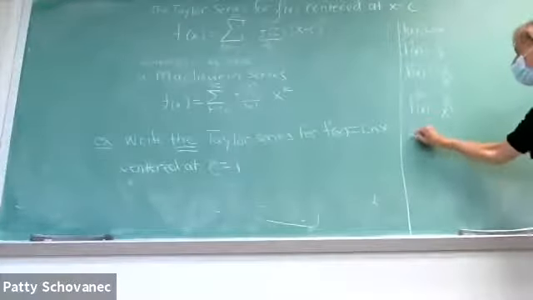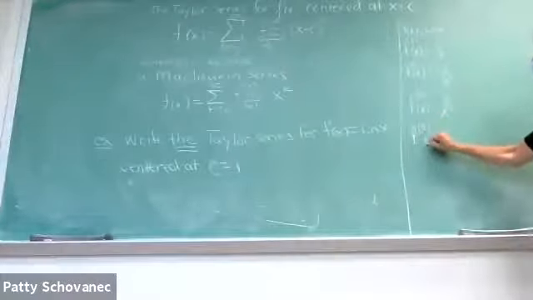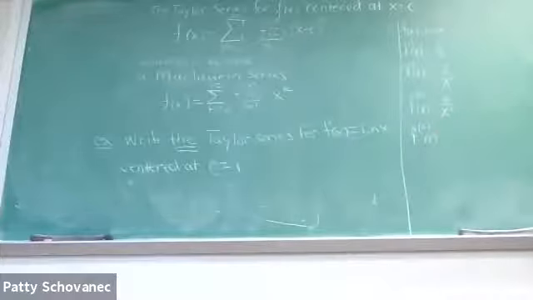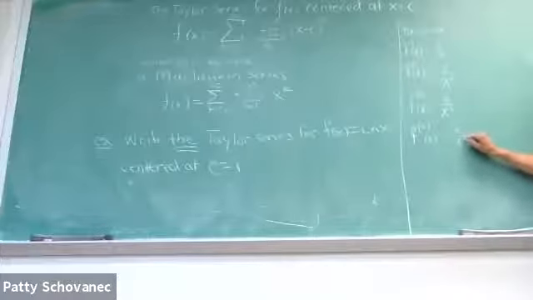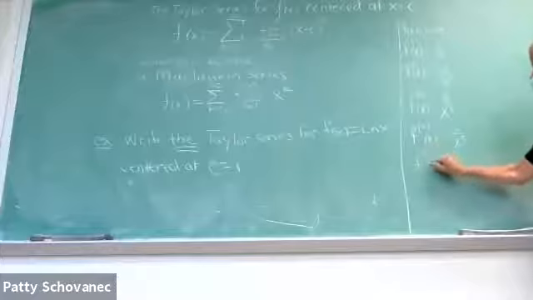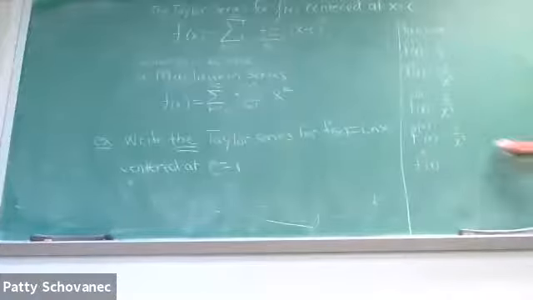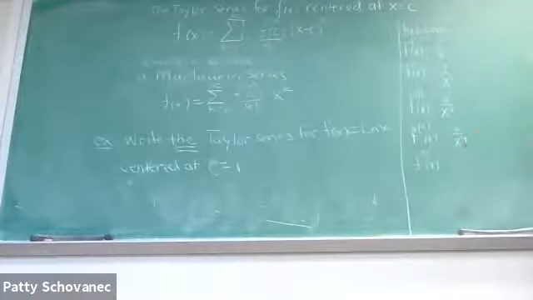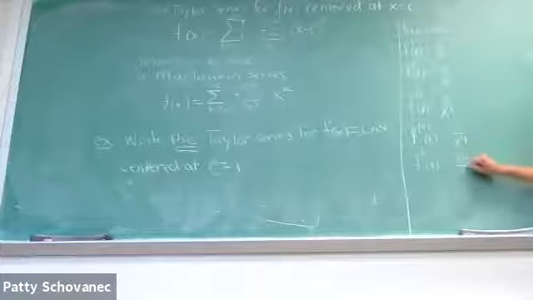Now the fourth derivative, I'll just start putting numbers in parentheses. Okay. The fifth order derivative: positive 24 over x to the fifth.